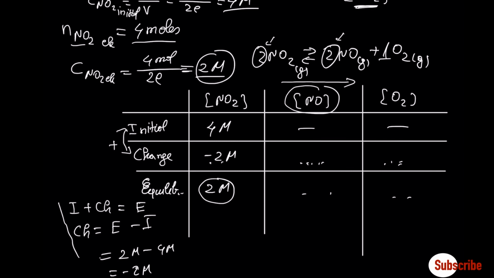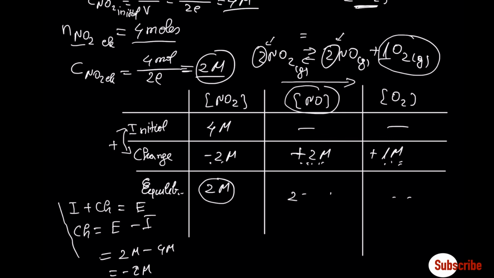We see that they are equal with the nitrogen dioxide, which means that the change here is 2 molar, the same. But in the case of oxygen it is 1 compared to 2, which means it's half the concentration of the nitrogen dioxide, 1 molar, plus, because we have formation of the products.